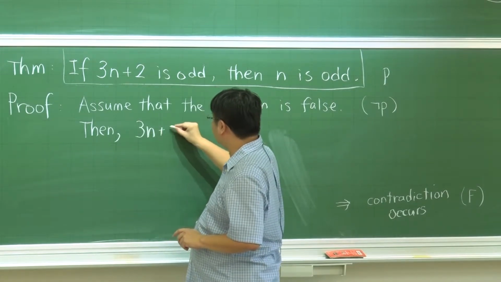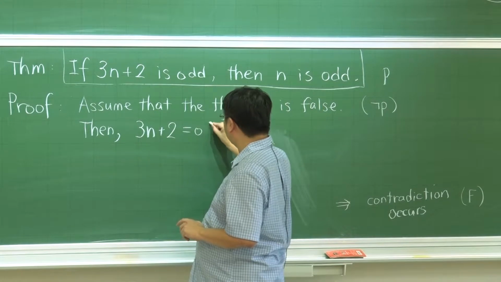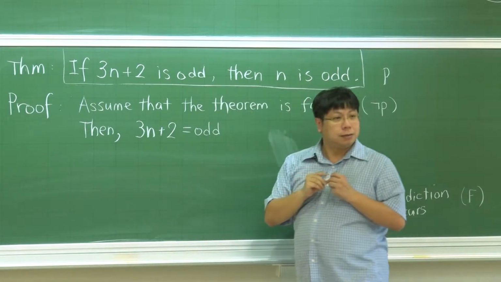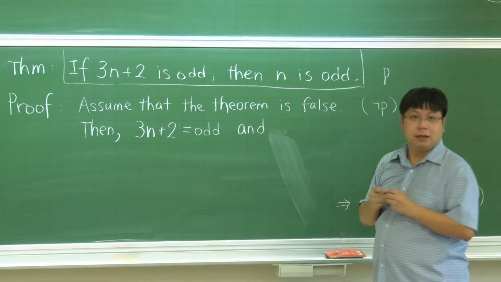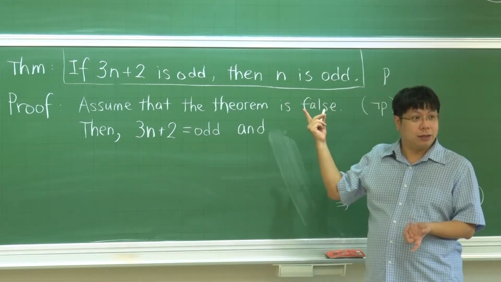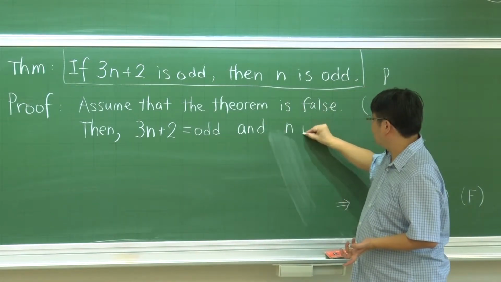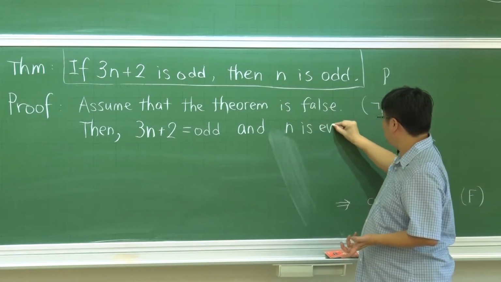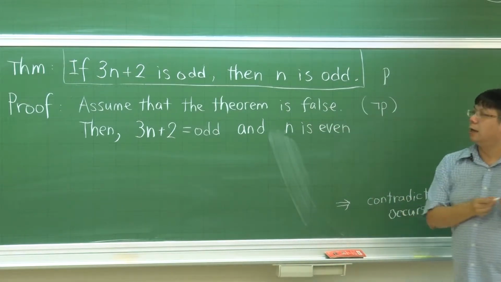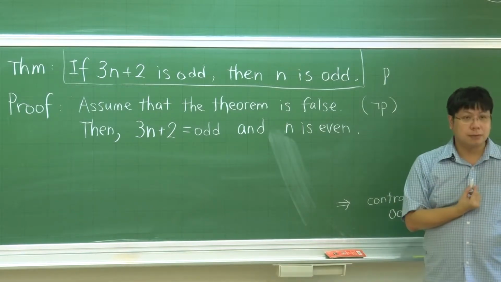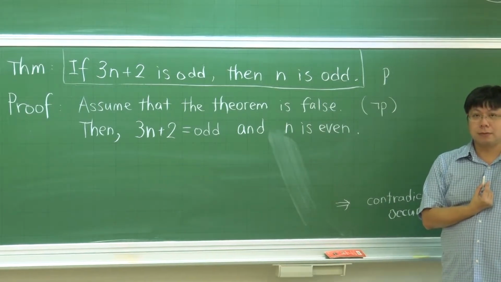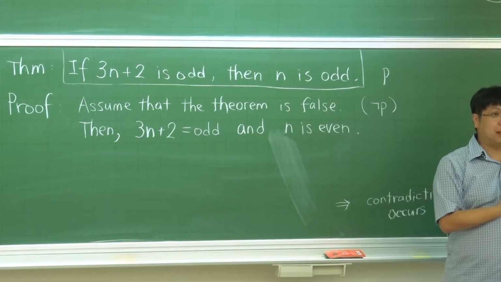And then we will have 3n plus 2 is odd, and n is not odd, n is even. Is that okay? So far, so good, right?